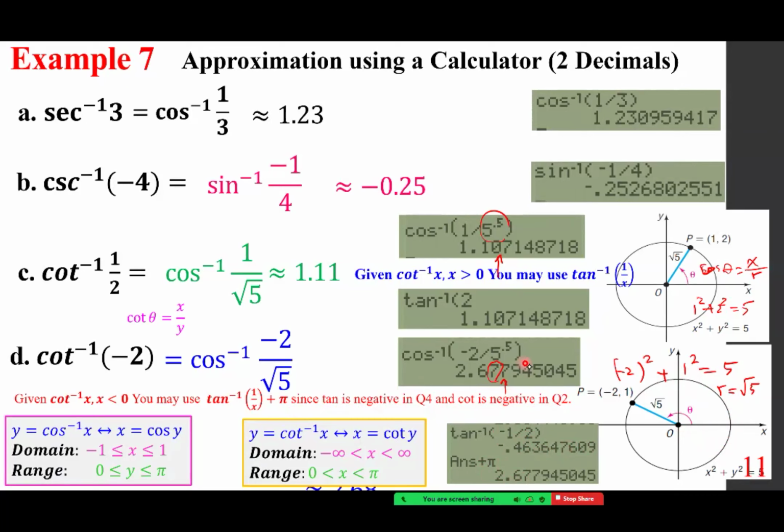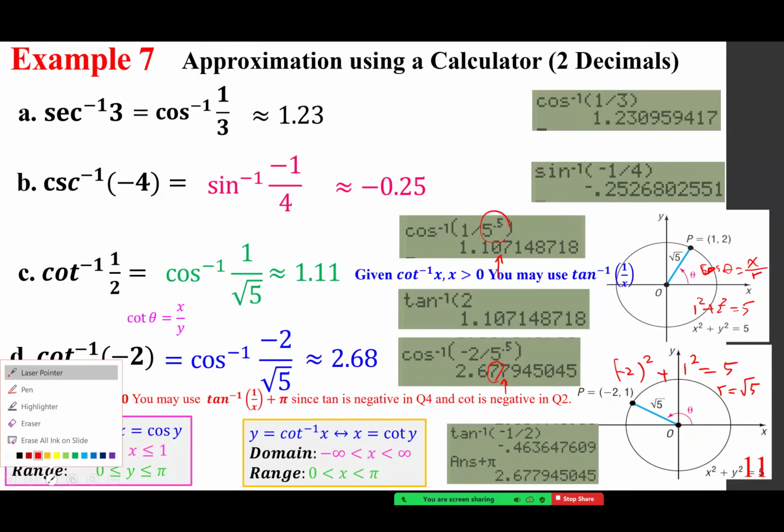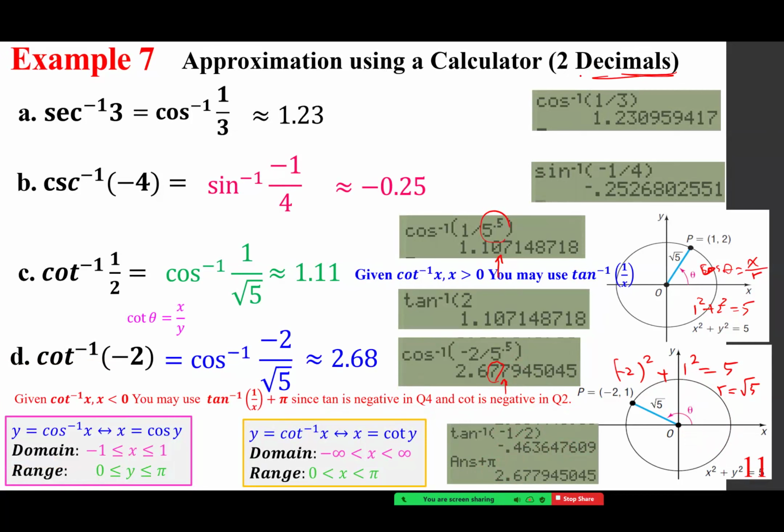And as I mentioned, the answer is 2.68 because we are going to go with 2 decimals. So just be careful when it comes to cotangent. It's not just a reciprocal of tangent unless it's positive when it comes to finding the answer.